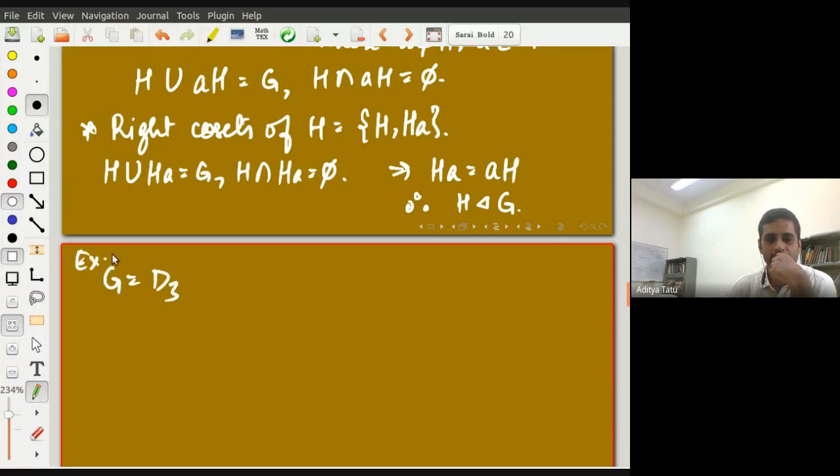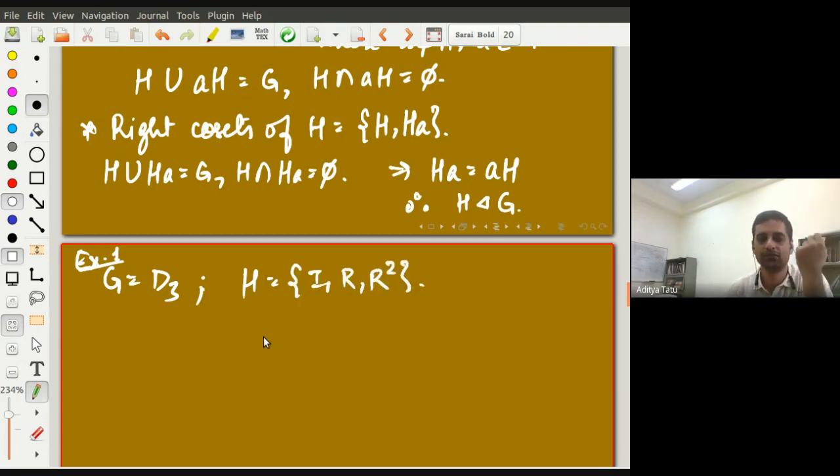Example 1. H is I, R, R square. So there would be only two cosets. We don't even need to write what the cosets are. Therefore H is a normal subgroup of G.